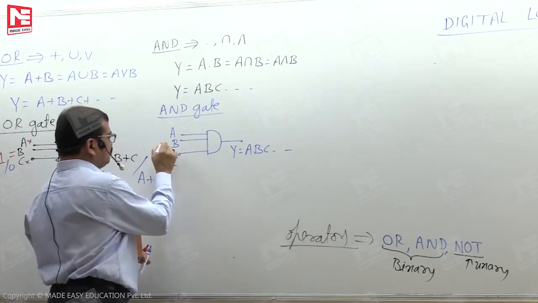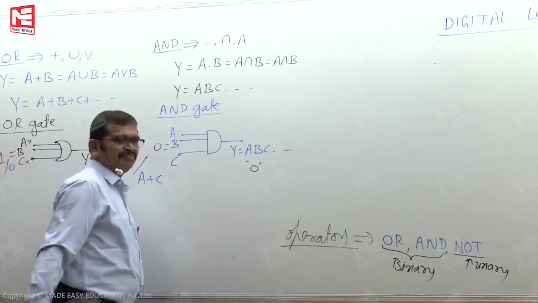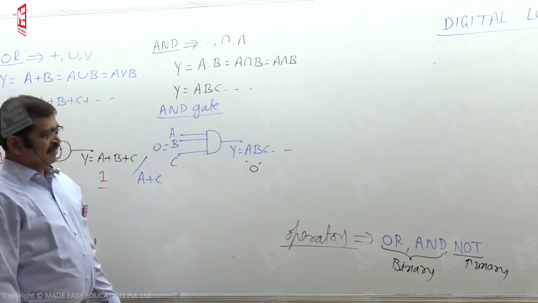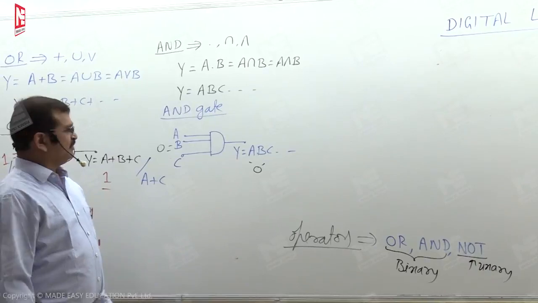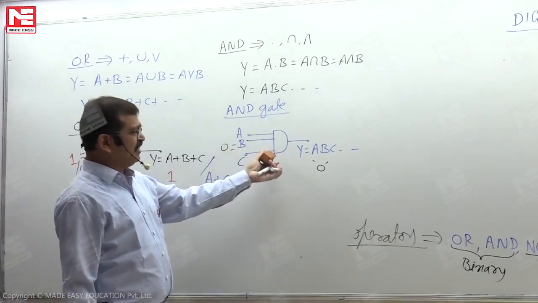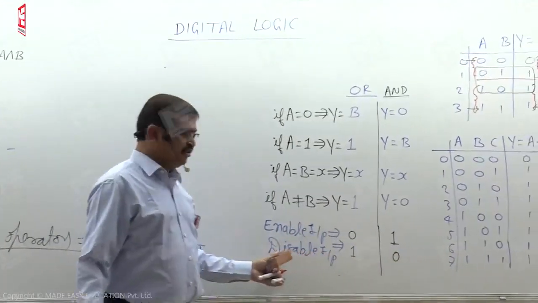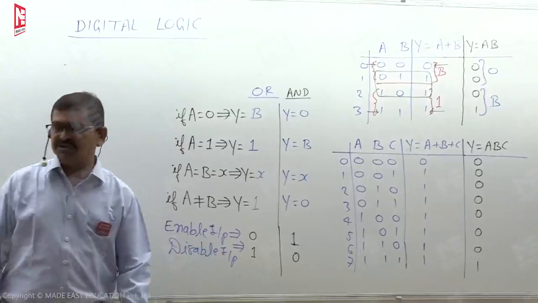If B is 0, A and C may be anything, the output is 0. B is 0, output is 0. Other variables are not allowed to pass. Such a state of the device we name as the disabled state or inactive state.